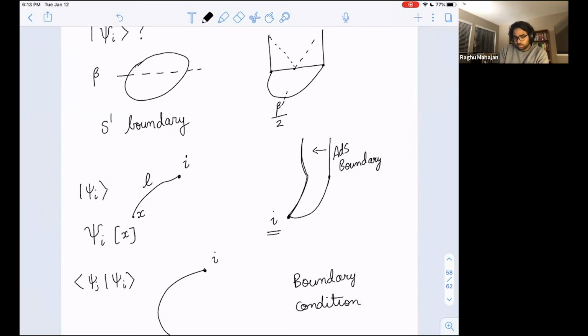And in the setup, the L, the length of this interval along which we are doing the path integral, gets related to the average energy of the state by tracing the steps backwards, like going like this and going like this.